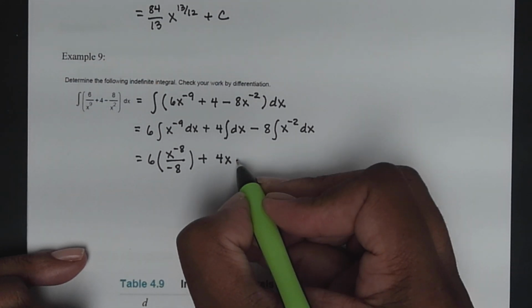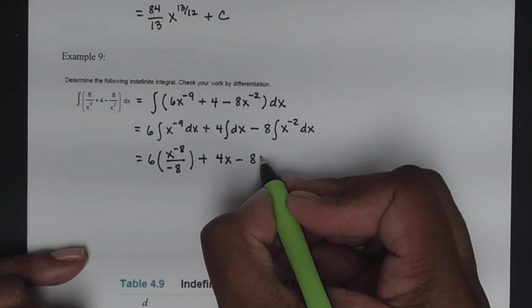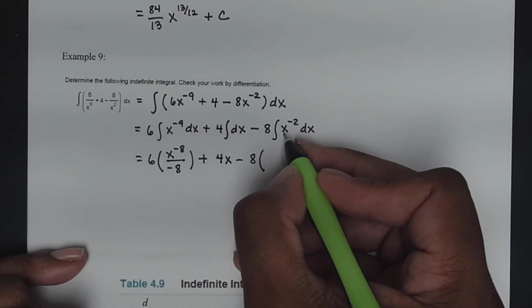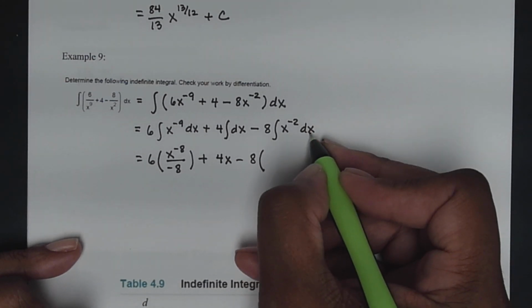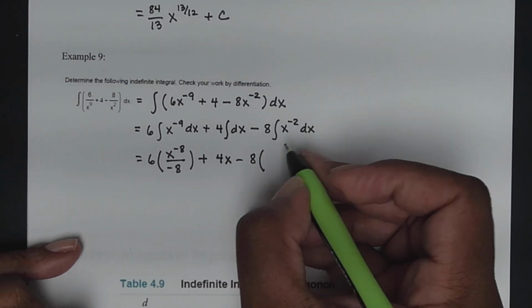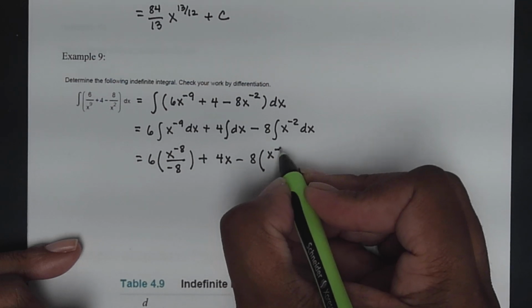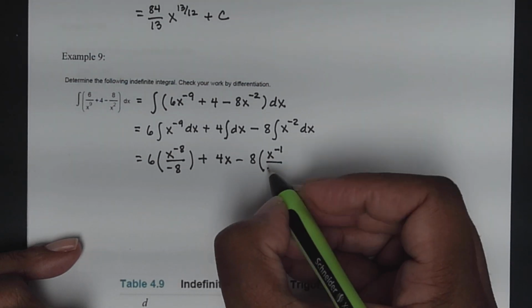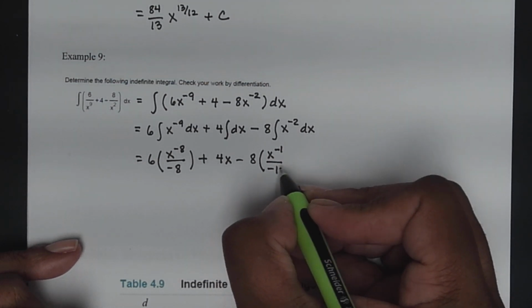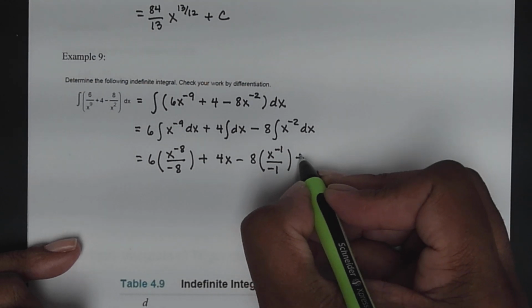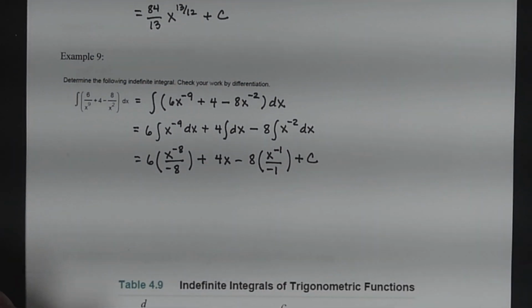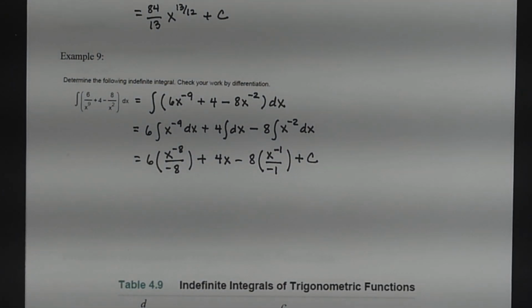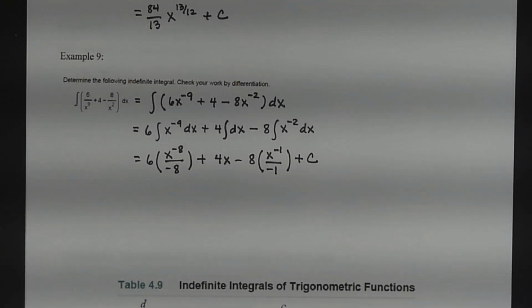And then minus 8 times the integral of x to the negative 2 dx, we increase the power by 1. So it'll be x to the negative 1. That's negative 2 plus 1, negative 1. Divide that by your new exponent of negative 1. And then, of course, include the plus c since it's an indefinite integral.